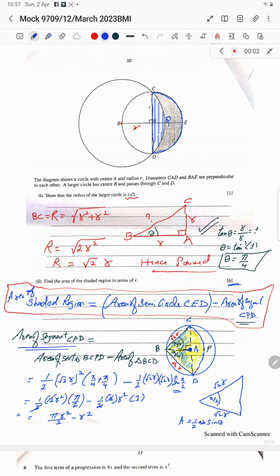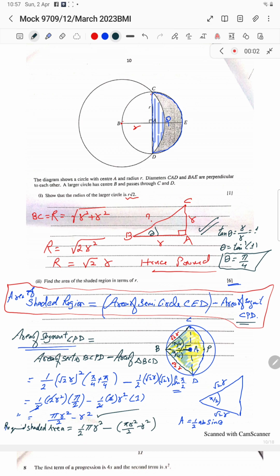Let me write the required shaded area in another color so that it is clear. The required shaded area will be the area of the semicircle, that is half pi r square, minus the area of the segment we calculated here, that is pi r square by 2 minus r square.